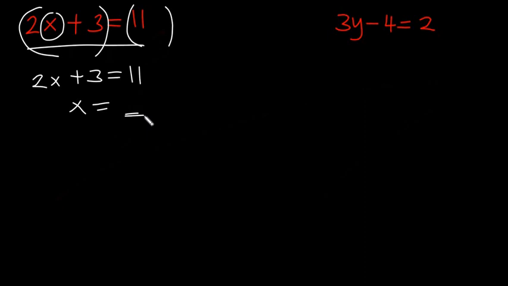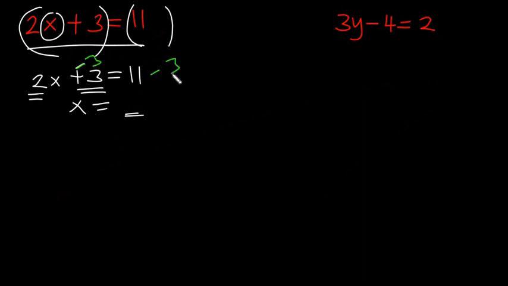This means that we are going to eliminate the 3 and the 2, so that we are only left with x on one side. We're going to start by eliminating 3 from this side. To eliminate 3, we're going to subtract 3 from both sides.